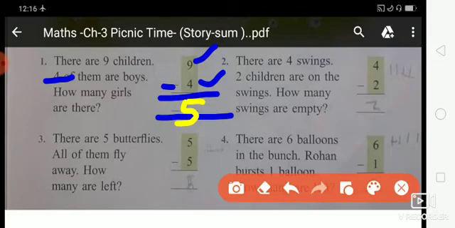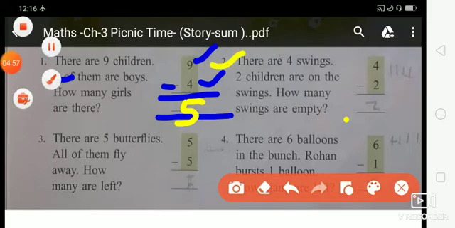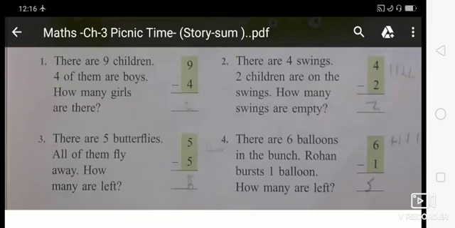The answer is 5. So students, the girls are 5. Total students 9, 4 boys and after that 5 girls. Is that clear, students? After that, the second sum.